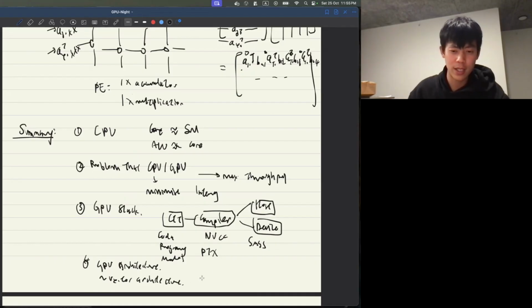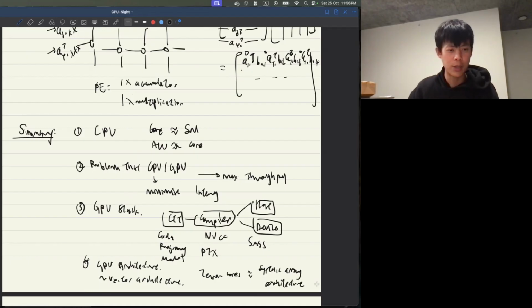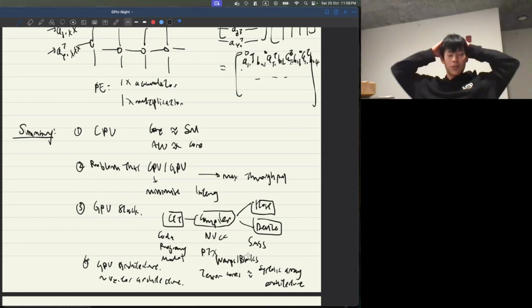We also see how the tensor cores are like the systolic array architecture. And I think that's pretty much it. We also talk about the concept of warps and blocks. Blocks are the unit of scheduling, and warps are the unit of execution. And I think that's about it for GPU.